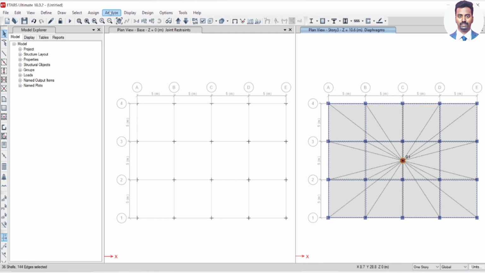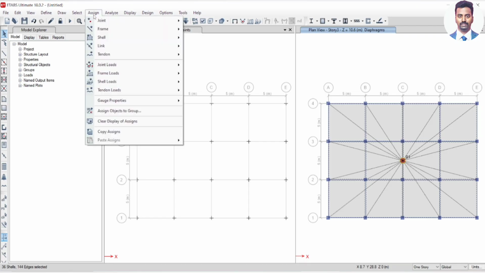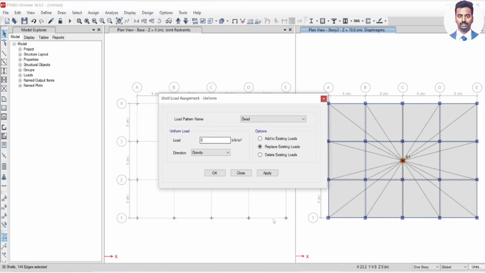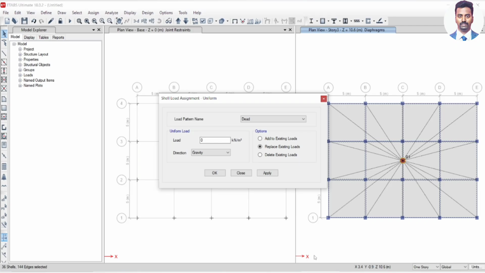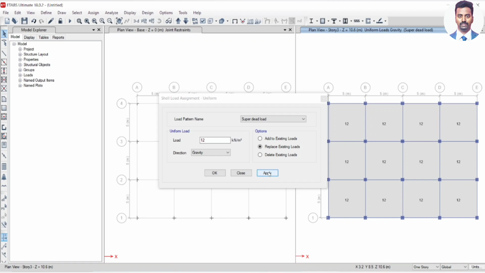All these shells we have selected, and let us assign a shell load, a uniform load, a lumped weight dead load of 12 kilonewton per meter square on floors. So let us provide 12 kilonewton as super dead load. In the direction of gravity, let us apply.